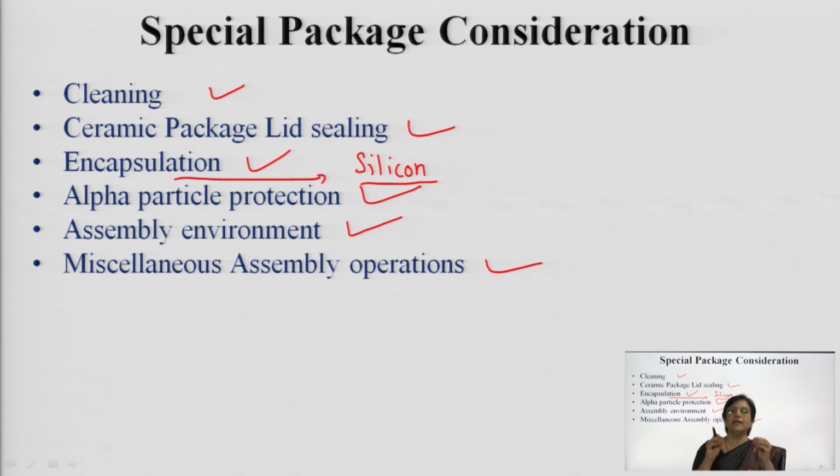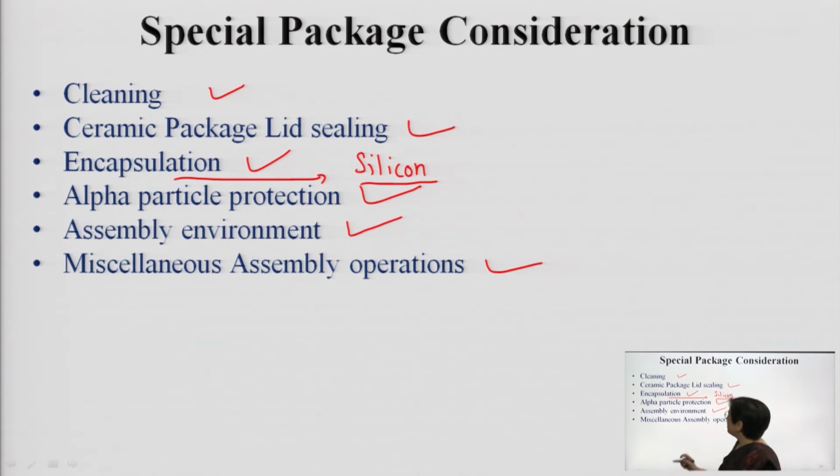The package may contain some contaminants which may hamper the properties of the interconnects, and you don't want that to happen, so you need to seal it. That is essential in high precision applications, such as space applications. If your electronic circuit is being used at high altitude or in some critical applications, you need to take care of it, and that is why you need this encapsulation process to be carried out.